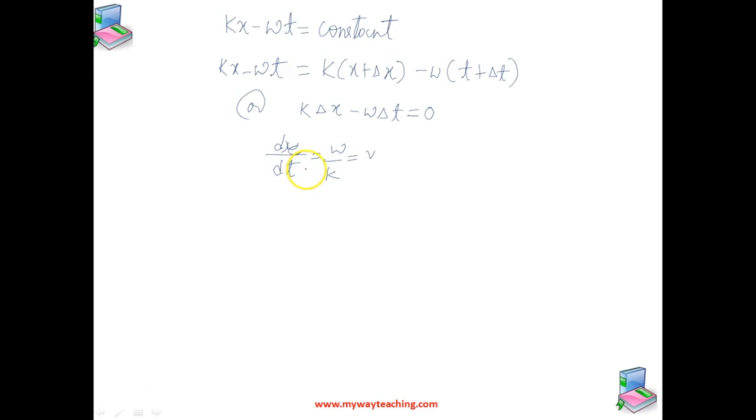So relating w to T and k to lambda, we write v is equal to 2 pi w by 2 pi k, multiplying and dividing by 2 pi. That gives lambda into nu, that is also equal to lambda by T, isn't it?